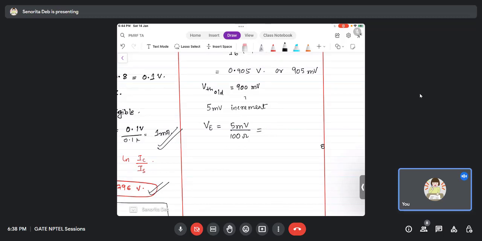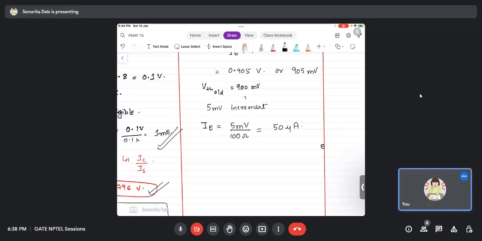What will be the current value? 50 microamperes. Sorry, this should be IE. So this has now changed IE by 50 microamperes. So the emitter current is raised by 50 microamperes.